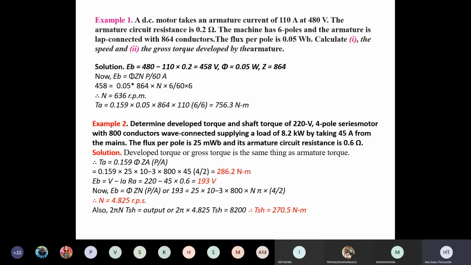The flux per pole is 25 milliweber and its armature circuit resistance is 0.6 ohm. Right? Please analyze the problem.